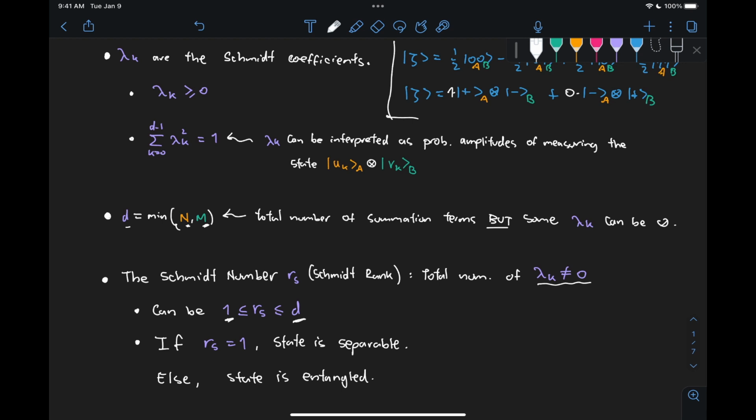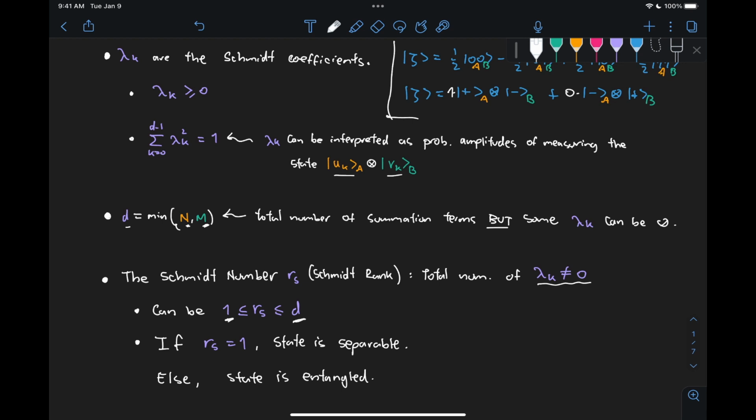Now, another important thing to reiterate is that these lambda sub k's are extremely important because they give us an idea of how strong of a correlation there is between, let's say, the state U sub k in A and the state V sub k in B. So we can use these lambda sub k's to build measures of entanglement that will tell us how entangled the overall state is. And we'll talk a little bit more about that in future videos.